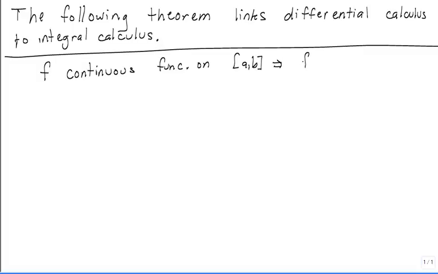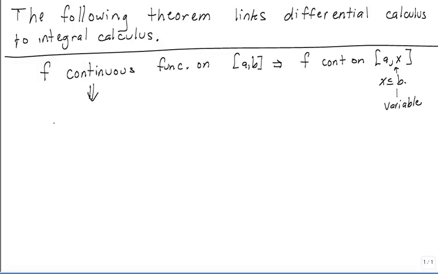Then if f is continuous on [a, b], then f is continuous on [a, x], where x is less than or equal to b. So x is a variable, so we're going to switch and make this not a constant.